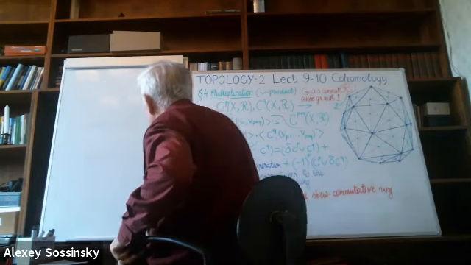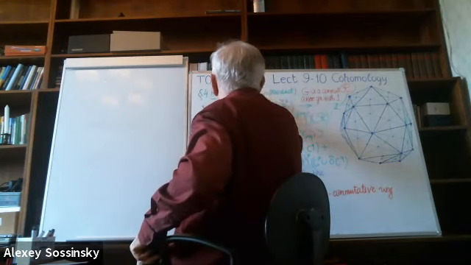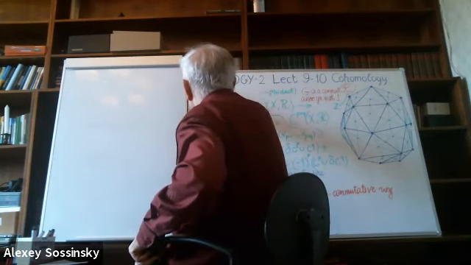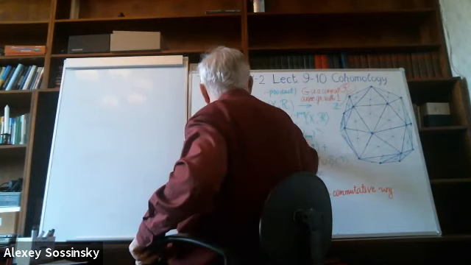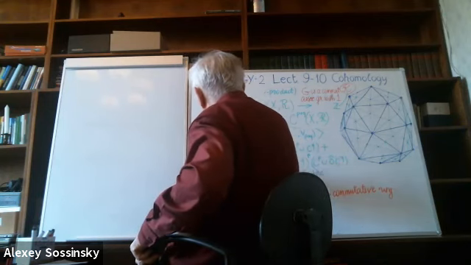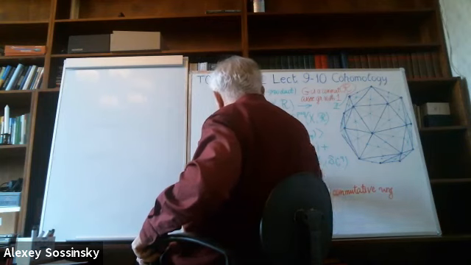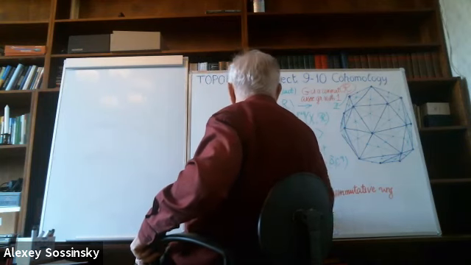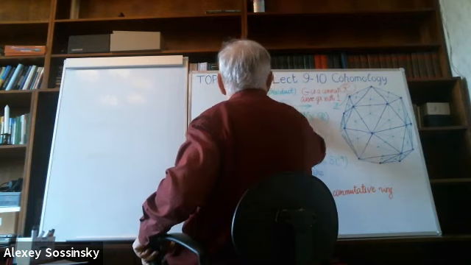What it basically says is that if you have a smooth manifold, then it is in a certain sense symmetric with respect to its middle dimension.